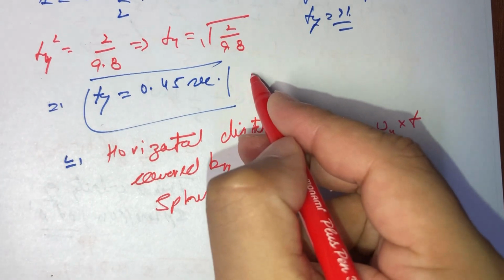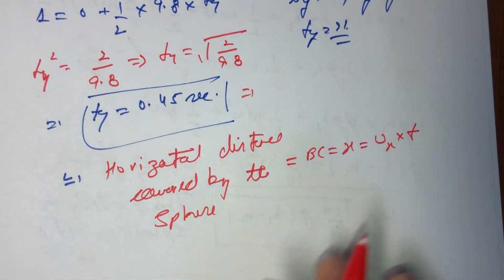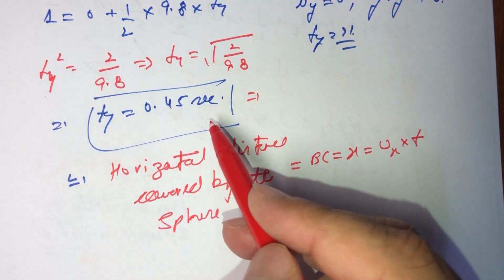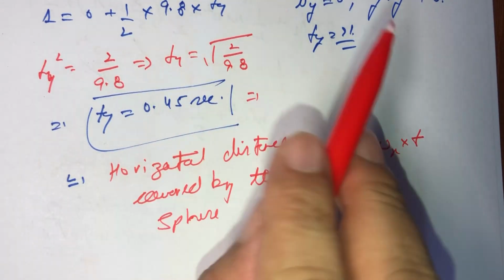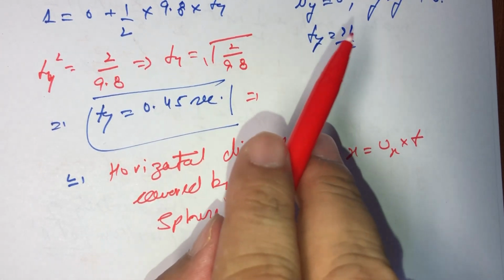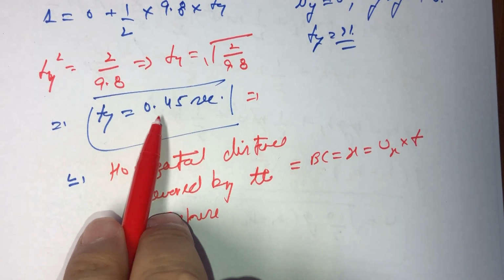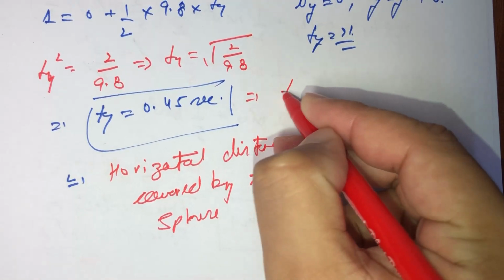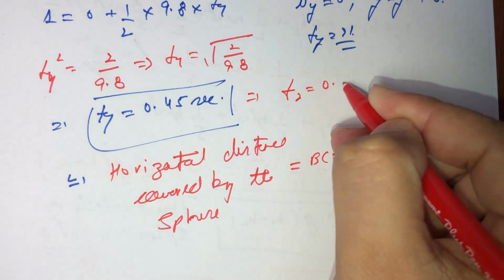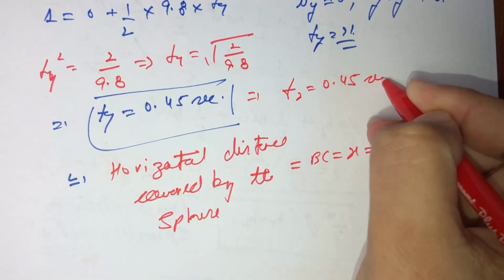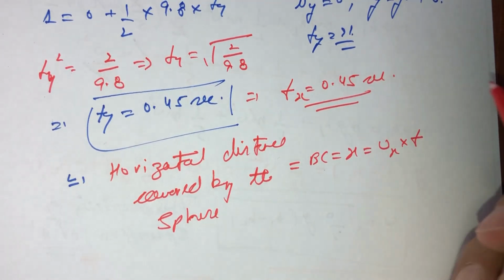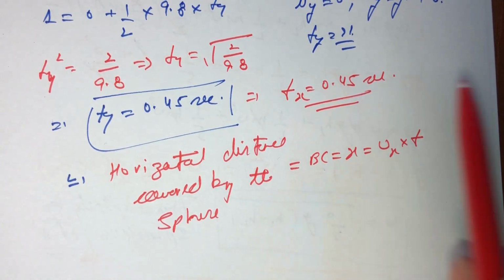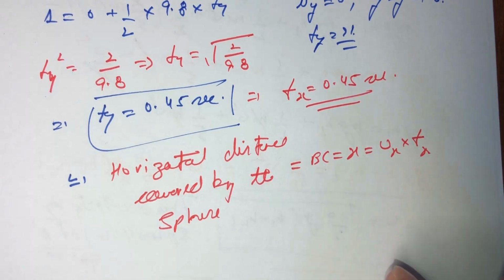The sphere will be in the air for the same amount of time, so T of x is also equal to 0.45 seconds. It means the horizontal distance will be covered in the same time, 0.45 second.